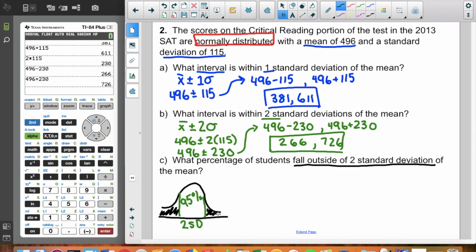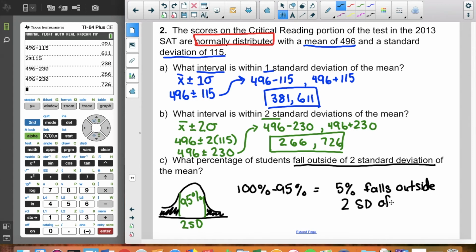If in the middle, this not shaded area is 95%, what's left, the most we can get being 100%, is 5%. To get that, you would do 100% minus 95%, and that gives you 5%. So 5% falls outside 2 standard deviations of the mean.